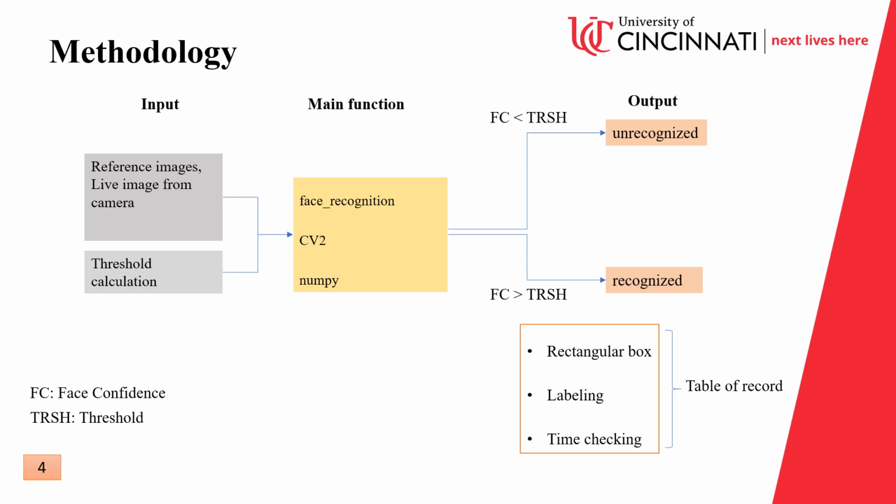But after the person is recognized, there would be a rectangular box around the face and a label with their name, as well as checking their first occurrence. I mean, like the first time they enter the class, for example, and it will record the last time that they leave the class as well.